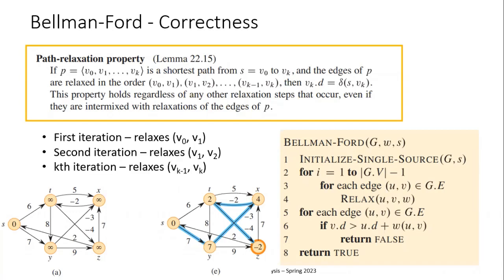So essentially, in the first iteration, if V0 to V1 is on the shortest path, then along with all the other edges, V0 to V1 will also be relaxed. In the second iteration, all the other edges are going to be relaxed, and it doesn't matter which order you do them in, but the second edge in the shortest path, which is V1 to V2, will also be relaxed, and so on.